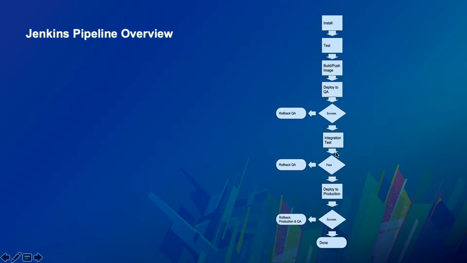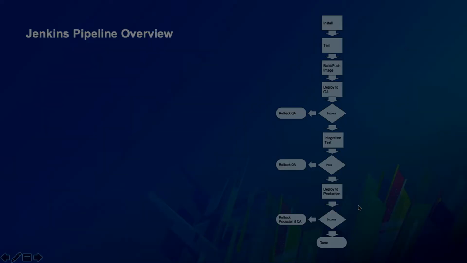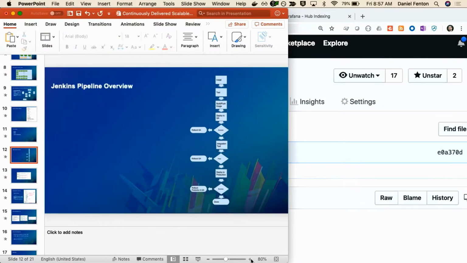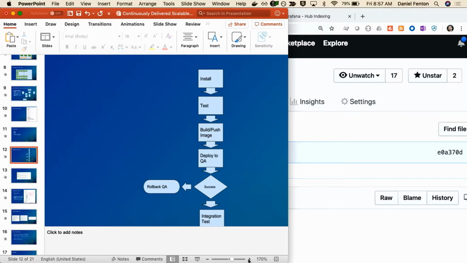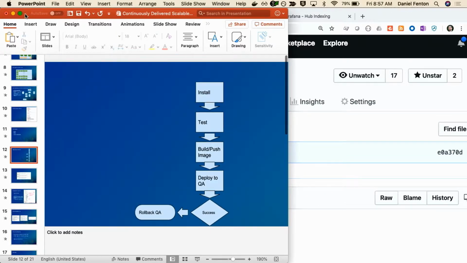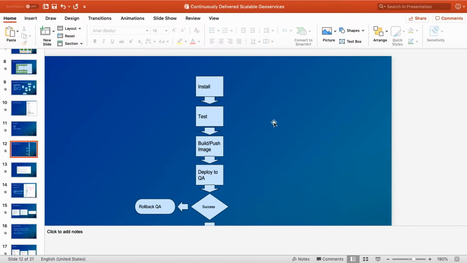This is our pipeline. I think that's maybe too small, too. So let's see if I'll just zoom in on that. So this is what things look like on a merge to master. So first things first is we're going to install the dependencies that are needed for running the application and testing it.